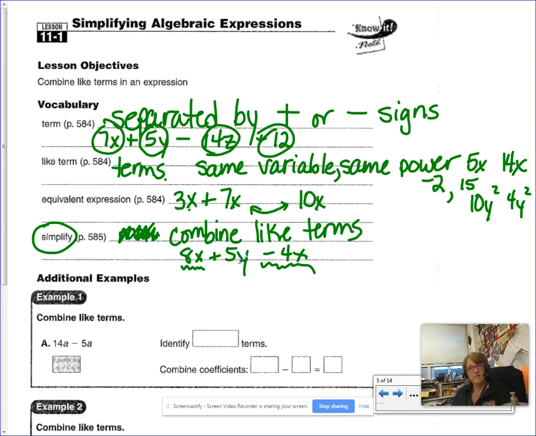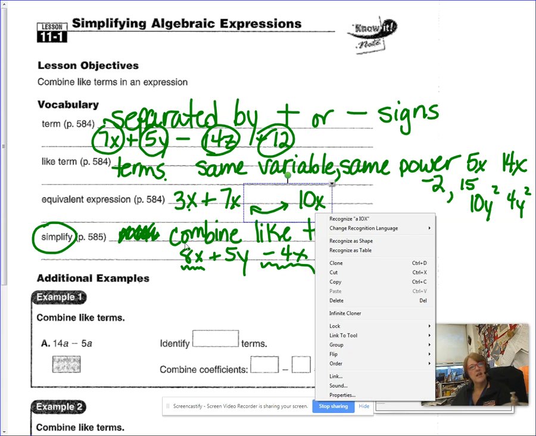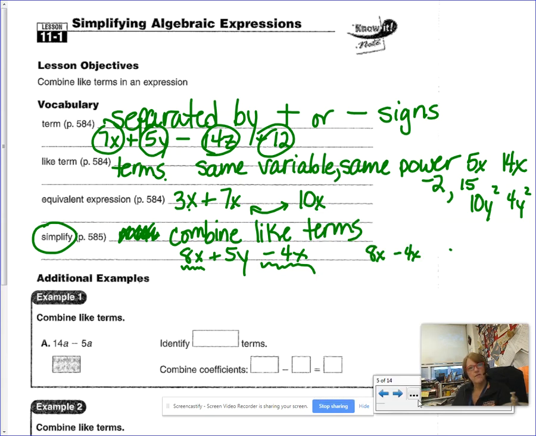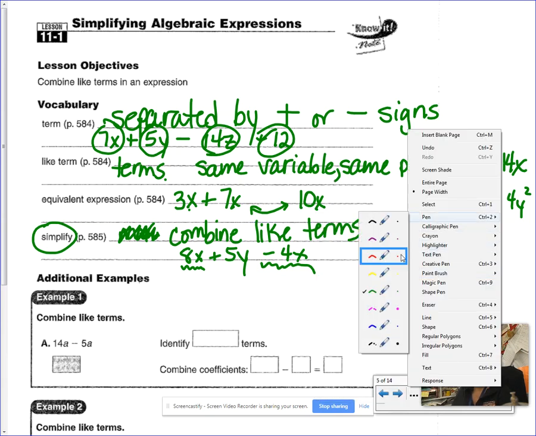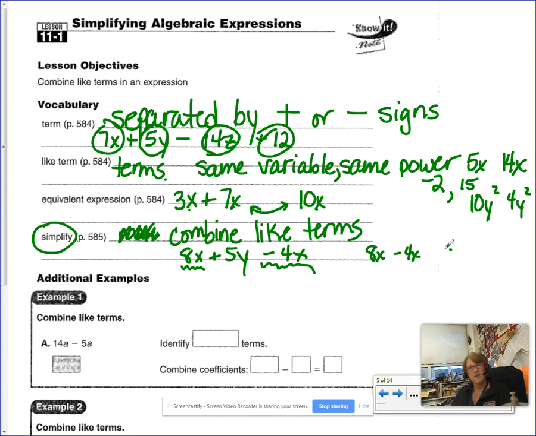And we simplify by saying, well, I can rearrange this by using the commutative property and say the 8x and the 4x, those are like terms. They can go together. The plus 5y doesn't have any other y terms, so I combine those together to look like this: 4x plus 5y, and now you're done. That's all you can do. All right, so let's look at a few examples.